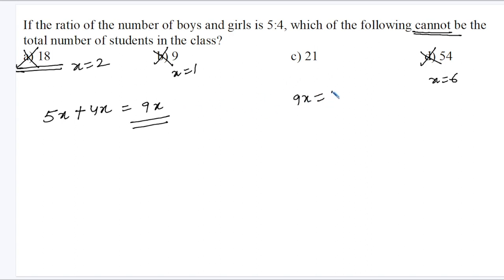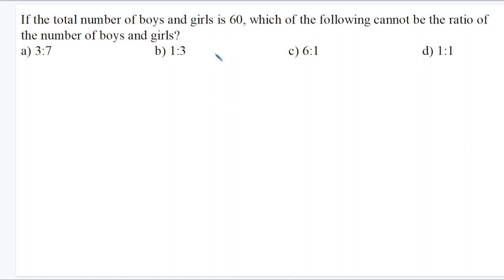You can't have 9x equal to 21, because x will come out as a decimal, and that's not possible for the number of boys and girls. That's why C is not possible as the total number of students when the ratio is 5 to 4.